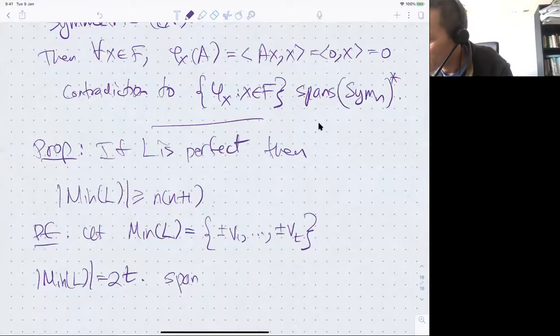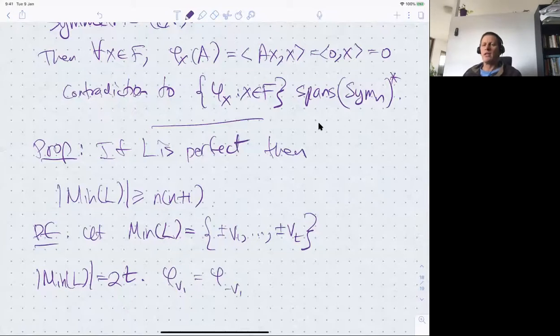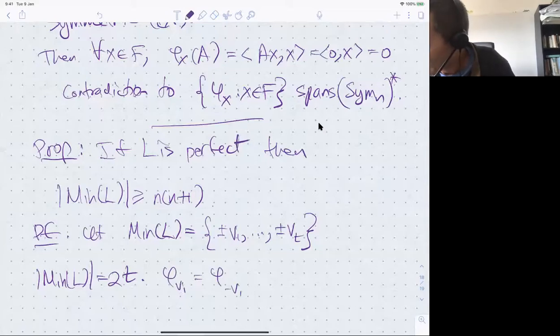Now, as I said before, if you take a vector and compute this linear functional on the space of symmetric matrices, you get the same thing if you multiply by -1. So phi of Vi is the same as phi of minus Vi for all i.